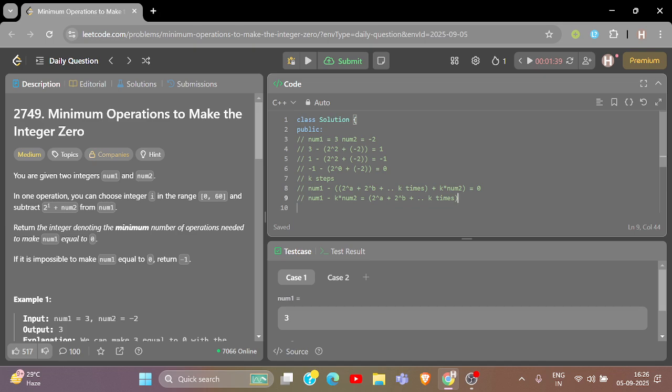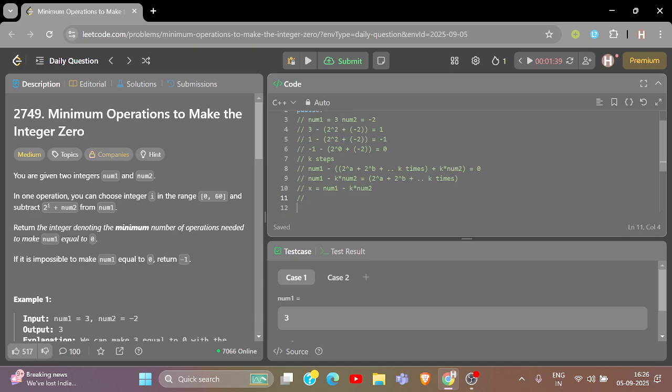So basically, for a particular k, I need to prove that this k will satisfy because I can represent this thing as a sum of k powers of 2. So if I say x equals num1 minus k times num2, then I just have to prove that my x can be represented in this form.